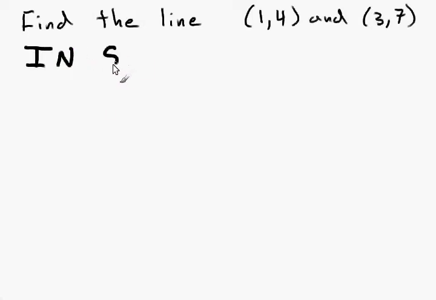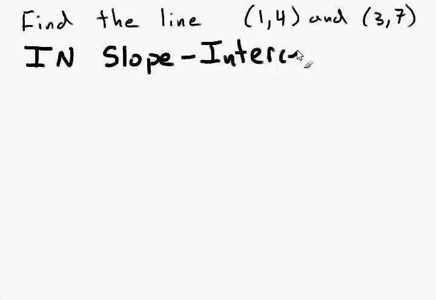In slope-intercept form. Well, we weren't given a slope and intercept. We were given 2 points. So I guess what we're going to have to do is start in 2-point form and then simplify our way to slope-intercept form. Let's get started.